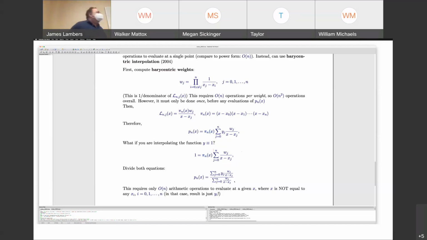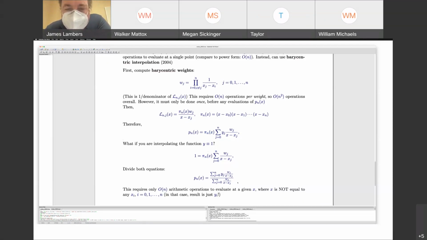So writing your expressions in a different form could lead to substantial improvement in efficiency. So, any questions about what we've seen here?